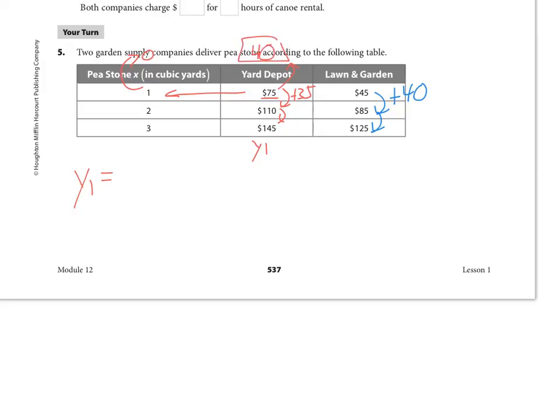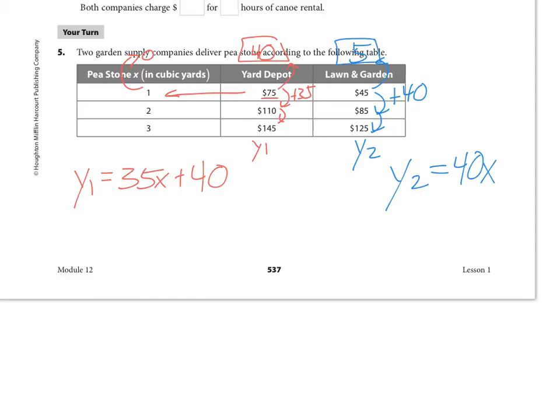That is the y-intercept for that one. So y1 is 35x plus 40. My blue one over here, I'm going to call y2. My slope is 40, but again, I've got to go backwards here. So that starting point is 5. So we know who's going to be cheaper initially. That's going to be Y2 because we start at 5 instead of 40.